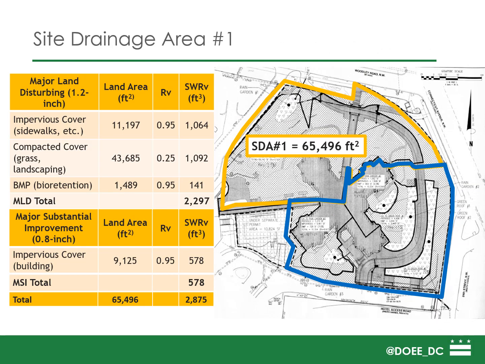Let's look at site drainage area number 1 in further depth. We can look at it based on the cover types and the activities that are being proposed on this site drainage area, and we can calculate the SWRv for just this site drainage area 1. So looking at the major land disturbing area, this is the impervious cover outside of the building footprint, so the sidewalks and the other impervious areas that are proposed where the land disturbance is occurring, as well as the compacted cover, which is the grass and the landscaping that's proposed, and the BMP, which is the bioretention up there at the top left.